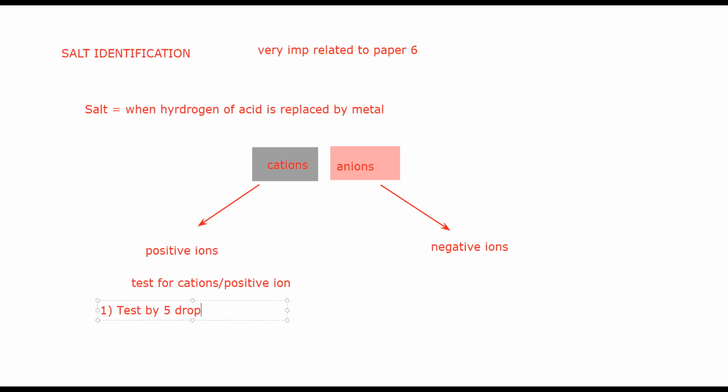Test by 5 drops or excess of sodium hydroxide, or the test number 2 is five drops of aqueous ammonia.